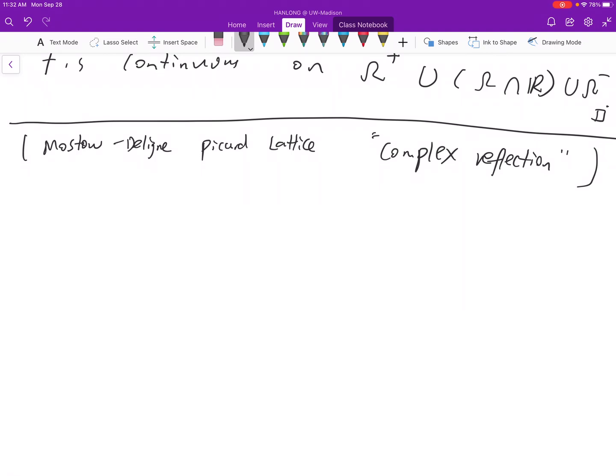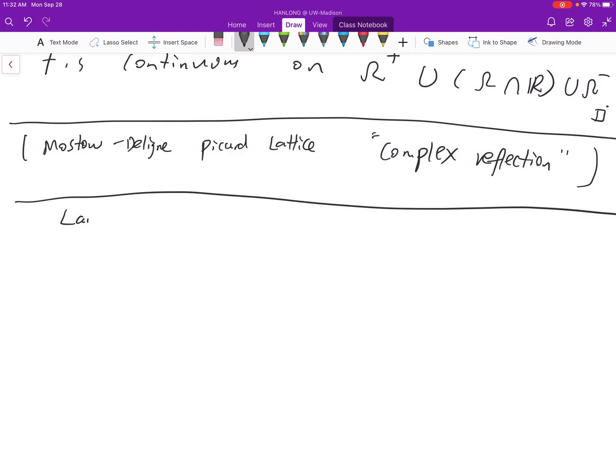It's very interesting. So if you are interested, I suggest you choose this as your reading topic. It will involve the Picard-Fuchs differential equation and monodromy groups, some topology, some algebraic geometry. It's very interesting.